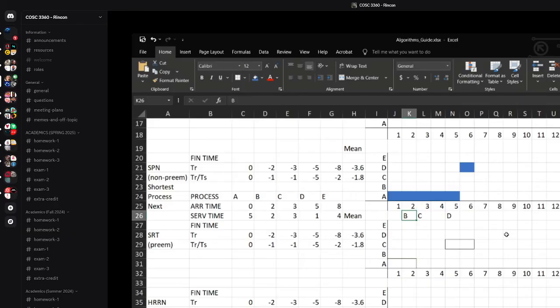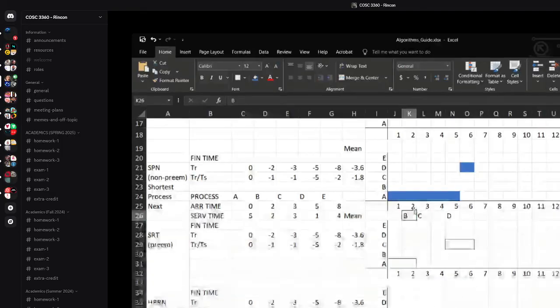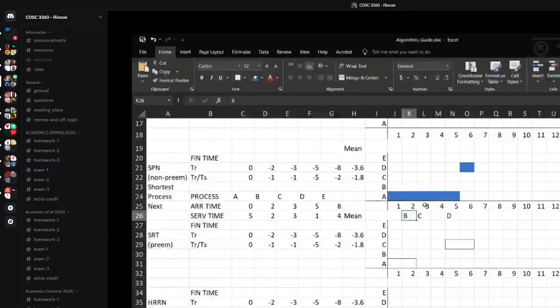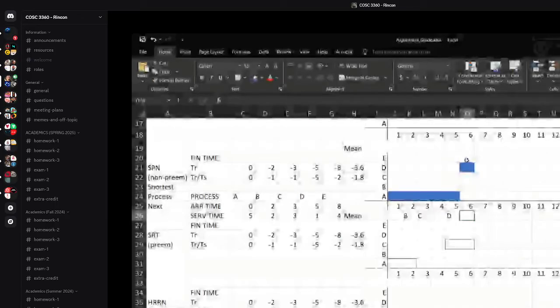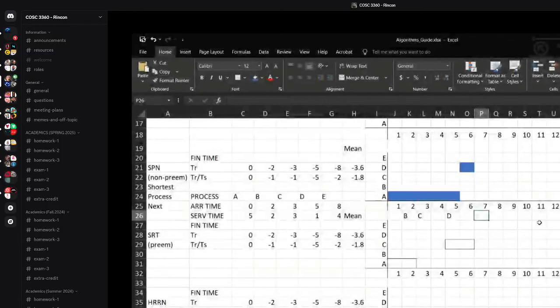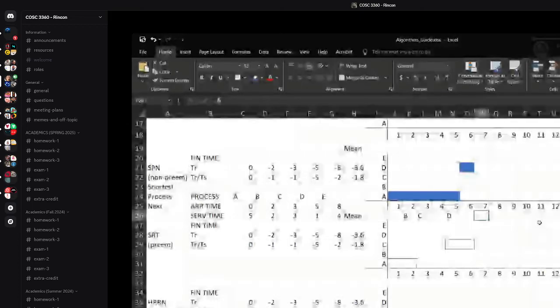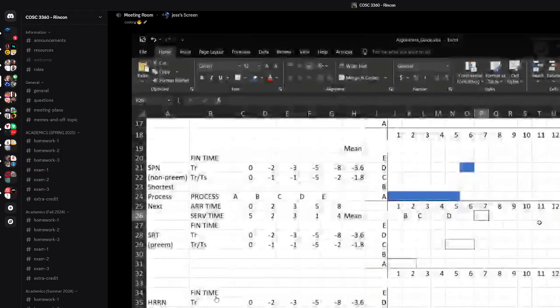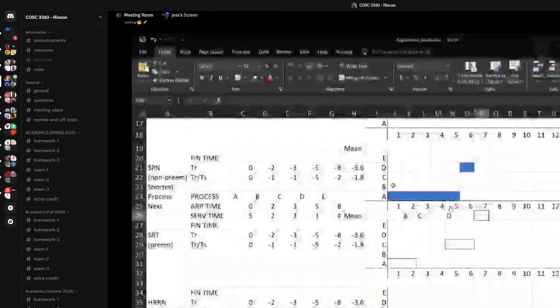However you want to understand it. So at time 2, after the time 2 finishes is when B arrives. So I just write it like after the 2. But anyway, at time 6, D finishes.